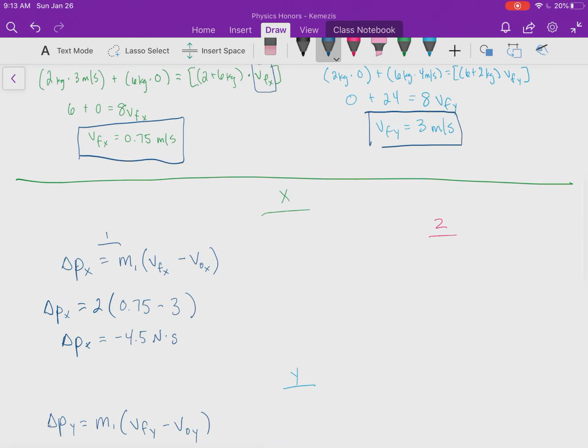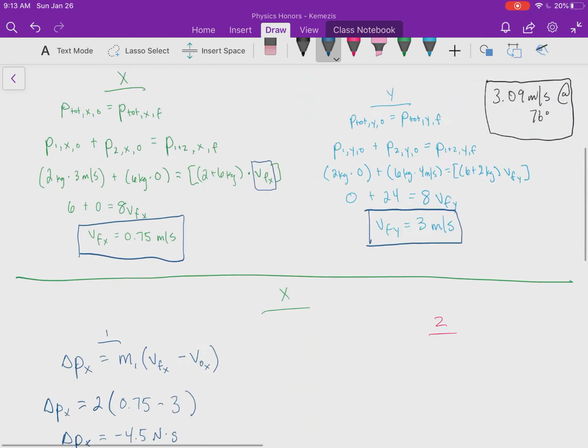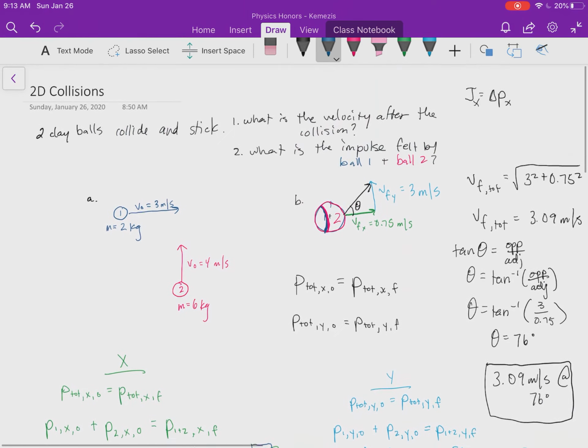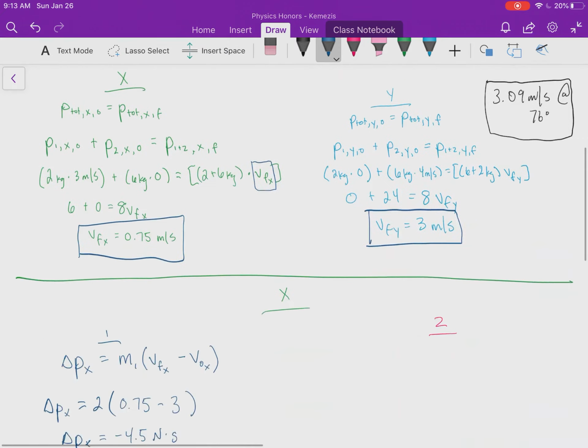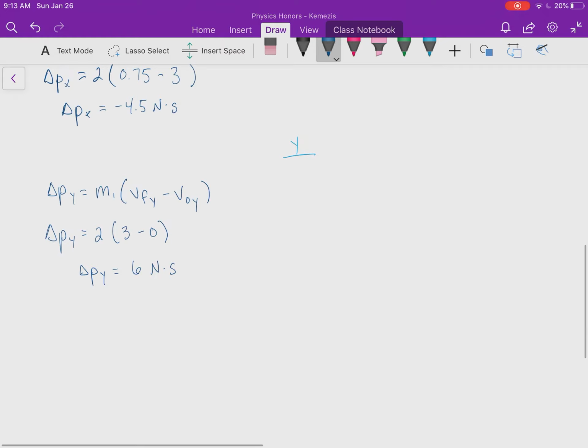The final velocity in y, which we calculated in the last problem, was 3 meters per second, because our final object had that velocity, so the 2 kilogram mass is now moving at 3 meters per second. And recall that this object was not moving in the y direction, so it had 0 initial velocity in y. So delta Py is going to be positive 6 Newton seconds.